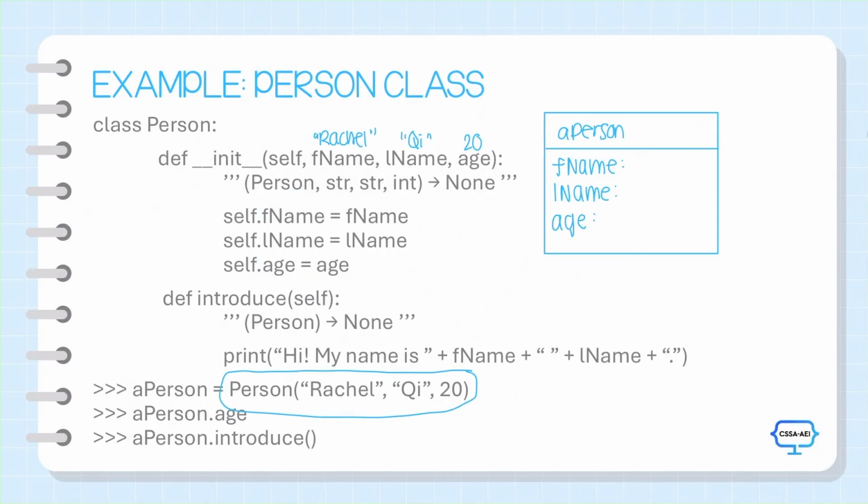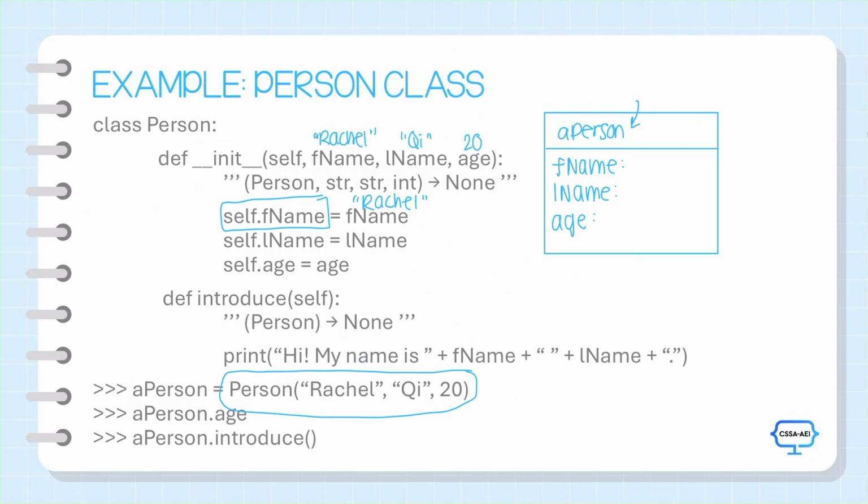So we're going to set self.firstname to Rachel, okay? This is my self.firstname, okay? This is referring to the instance. So this is referring to the person, a person in this case. And we're going to set the name to the first name that I provided.